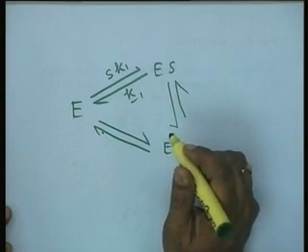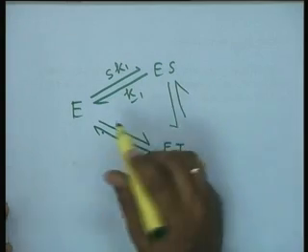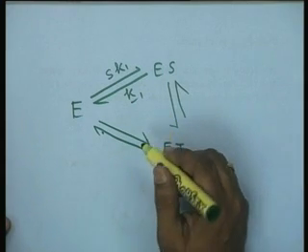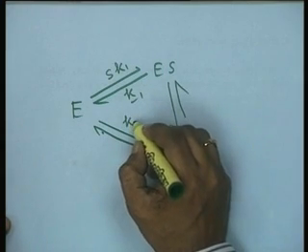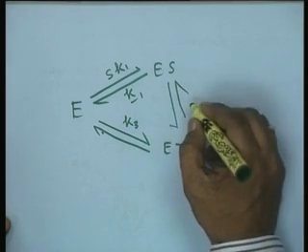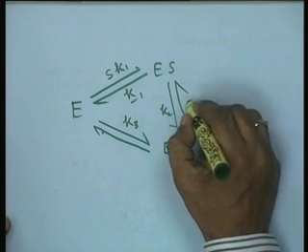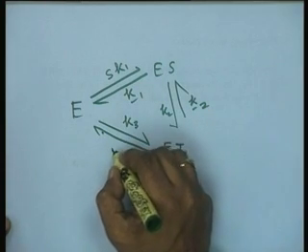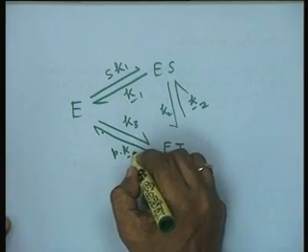Pardon? Why S K1? I'll explain that. Then you have K2 and K minus 2, K3, and P into K3, K minus 3.